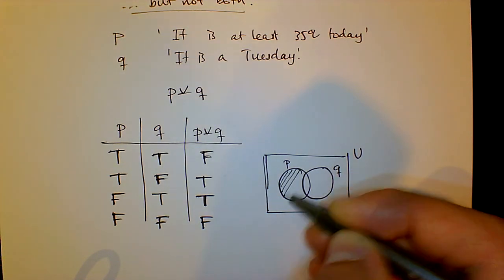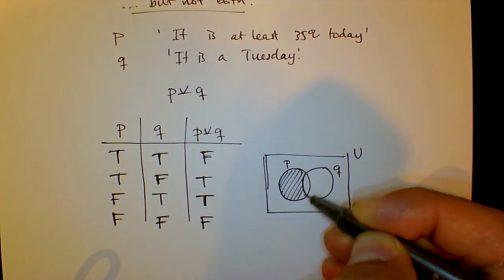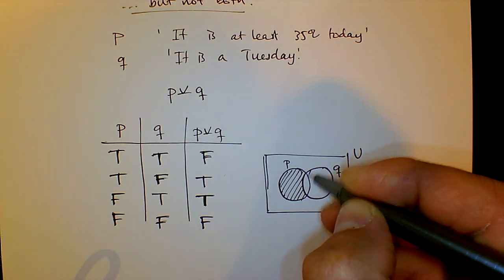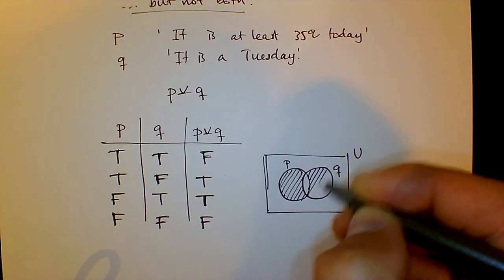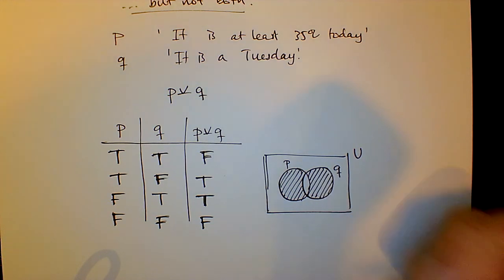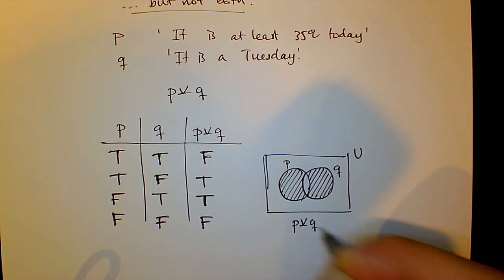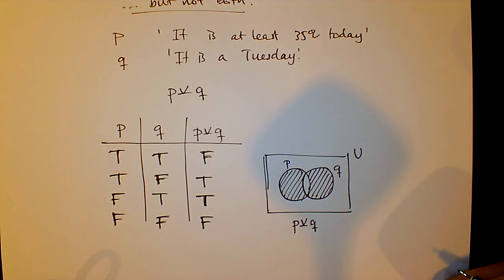So we can have P, but whenever it's not Q. And then we can have Q as long as it's not P. That is true. So this is how we would visualize the exclusive disjunction of P and Q in a Venn diagram.